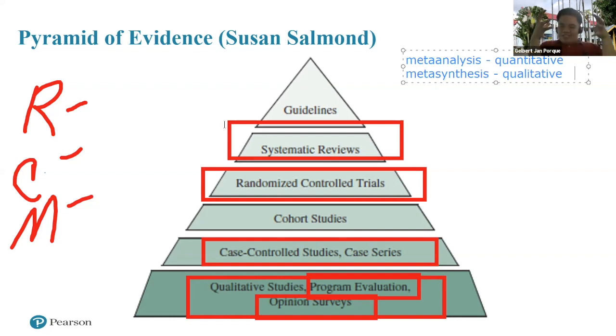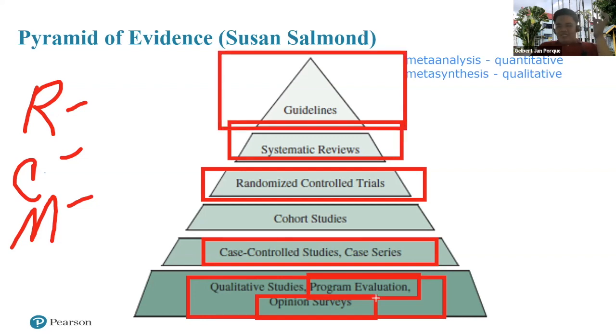That is what you call a systematic review, a review of several studies to check for consistent results. And the bottom line of all of this is the formulation of guidelines. Just like right now, there are a lot of studies conducted about COVID, and the bottom line of those is to formulate guidelines.